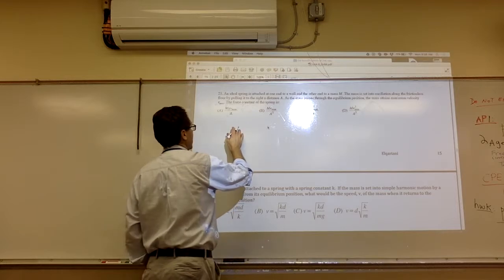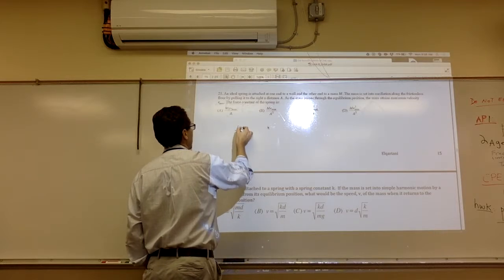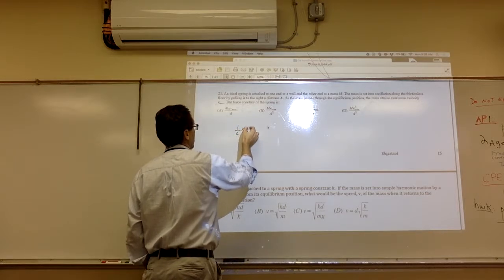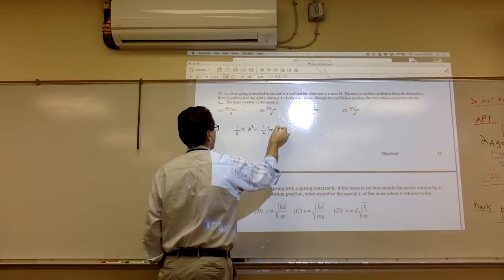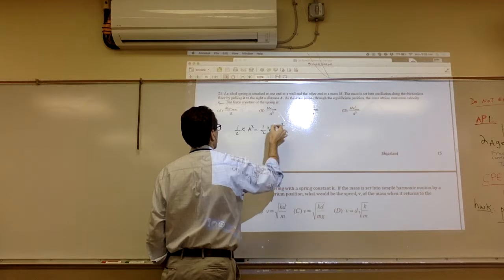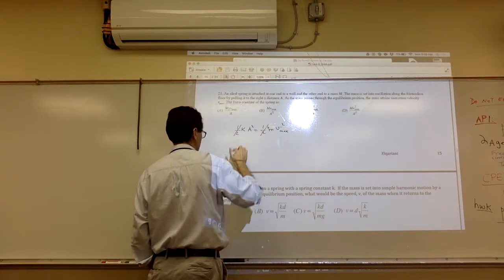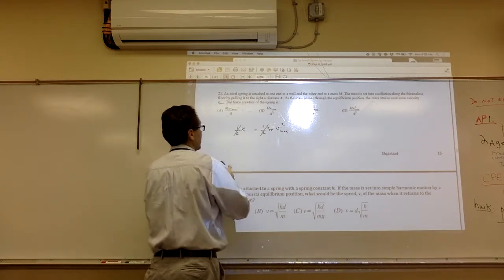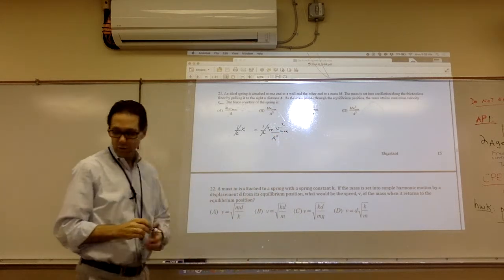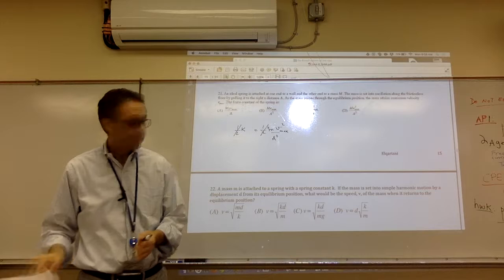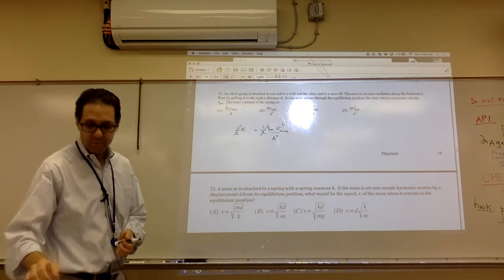So we're trying to find the K here. So I can say that 1/2 K x squared, which is really A squared, is 1/2 M V maximum squared. So I can get rid of that. If I want to find K, all I have to do is divide this by A squared. So the answer should be D.